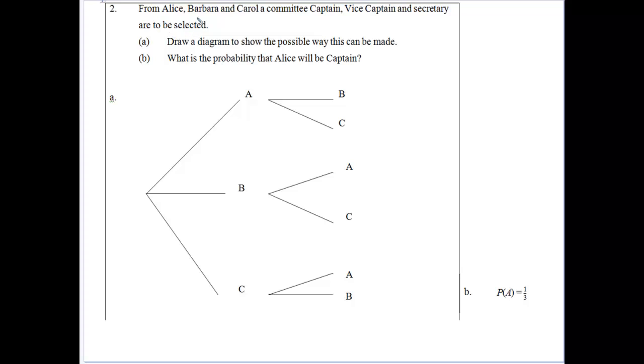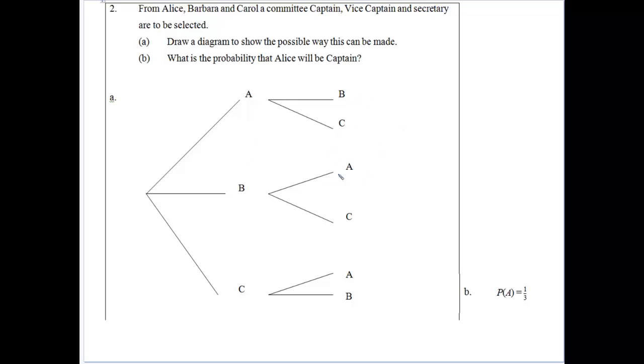This time we've got Alice, Barbara and Carol on a committee to find a captain, vice captain and secretary. How can this happen? If Alice is chosen to be captain, then she can't be vice captain, so it would have to be Carol or Barbara.